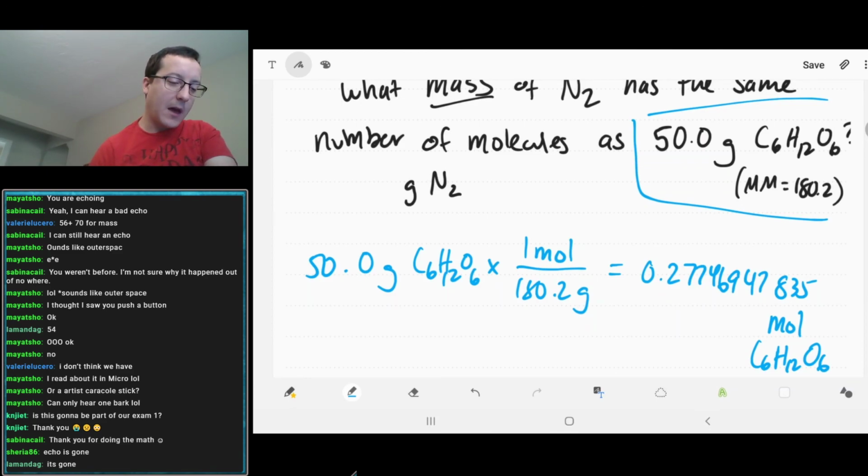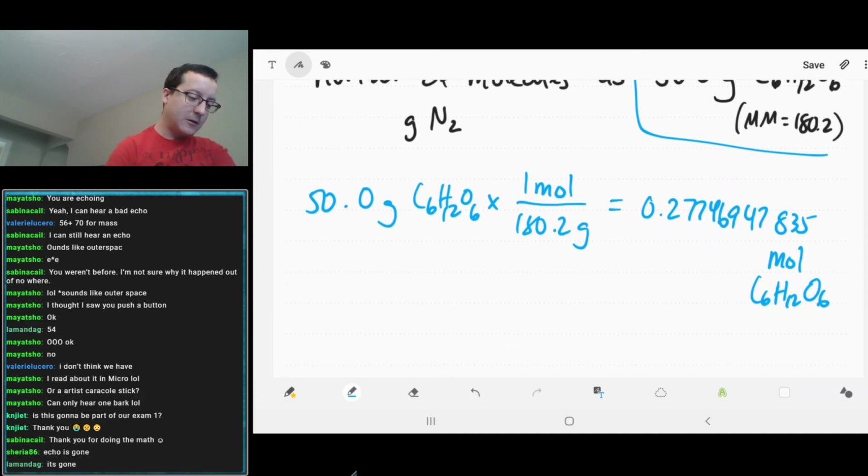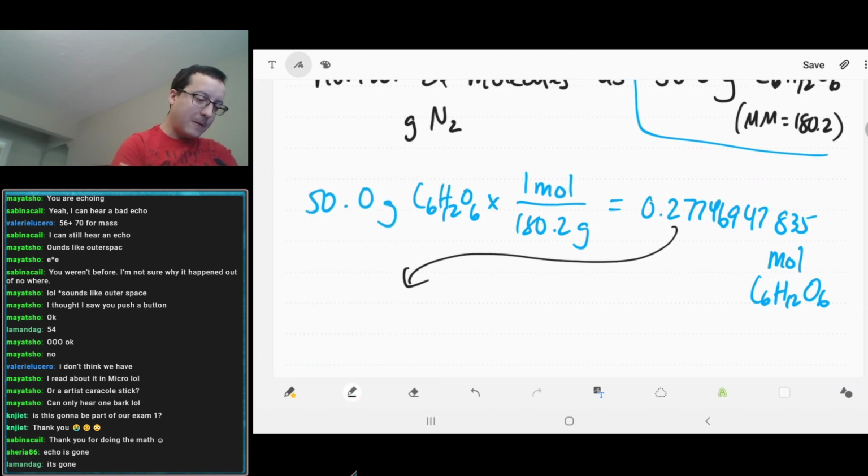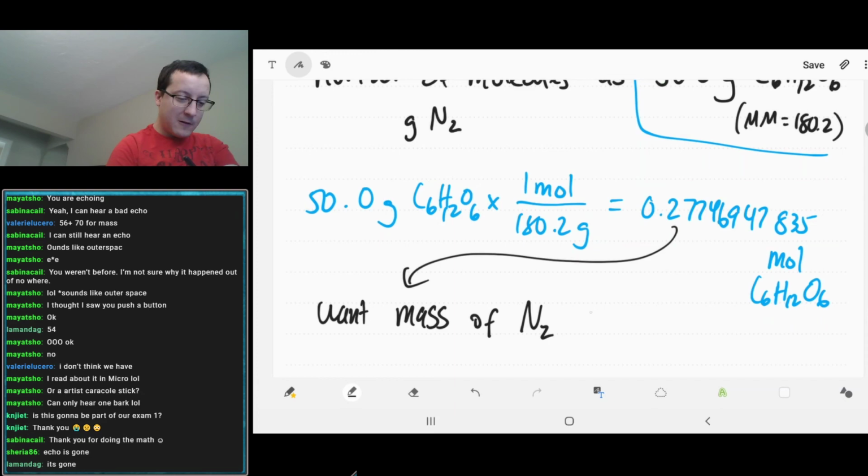So I've left this one in moles because I really never want to use 6.022 times 10 to the 23rd in calculations. Again, that's a pain to put in your calculator. Just avoid it if at all possible. So with this one, we want the mass for the same number of moles.